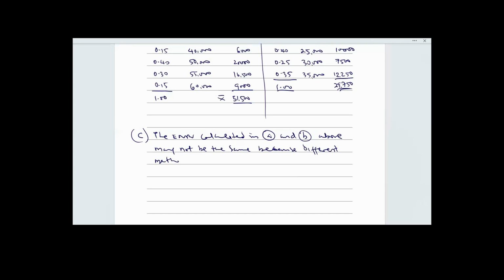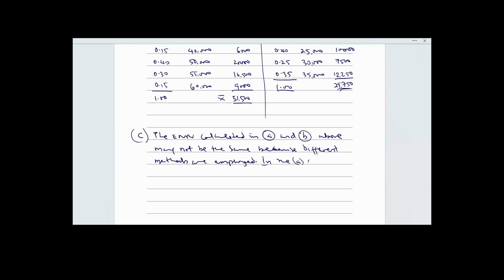So to answer that number C requirement, I would then say the expected NPV calculated in A and B above may not be the same because different methods are employed. Full stop.